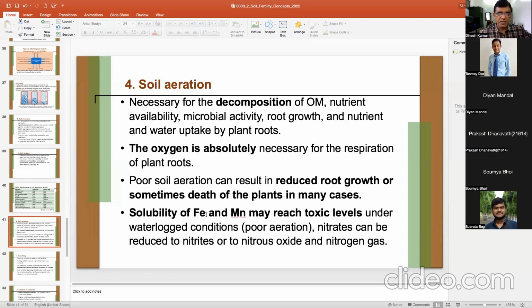Solubility of iron and manganese may reach toxic levels under waterlogged conditions. Nitrates can be reduced. So I think you all understand this. Normally a soil which is not well aerated will have lower fertility compared to a soil which is well aerated.